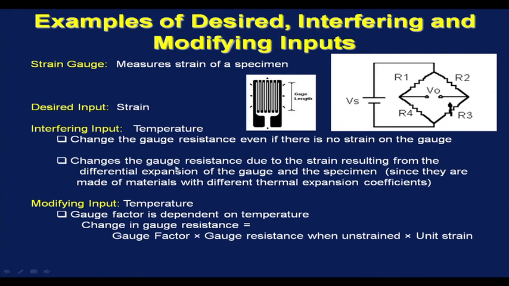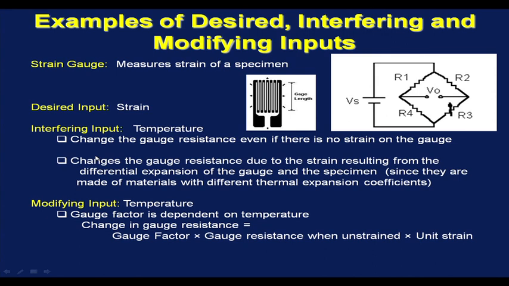Temperature can also change the gauge resistance due to the strain resulting from the differential expansion of the gauge and the specimen. Ordinarily, the strain gauge and the specimen will be made of materials with different thermal expansion coefficients.